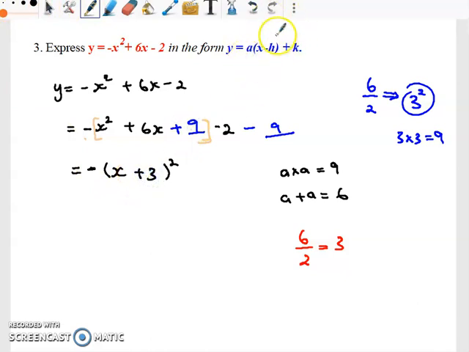And if you look at the form at the top, let me put a square right here. It looks a bit more similar to that. Now how do you get your k? K is minus 2 minus 9, which is minus 11. So we just changed that from the standard form for the quadratic function to the vertex form. And again, in this case a would be -1. And I will go into more detail with this, but this is the basic procedure in how we find this form, or how we convert the standard form to vertex form.